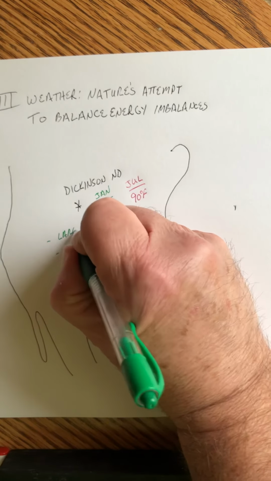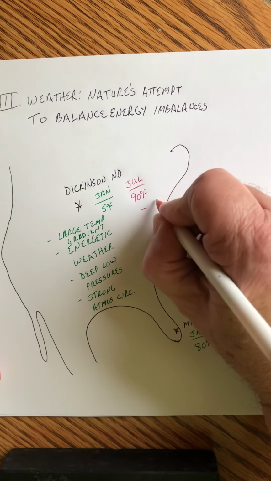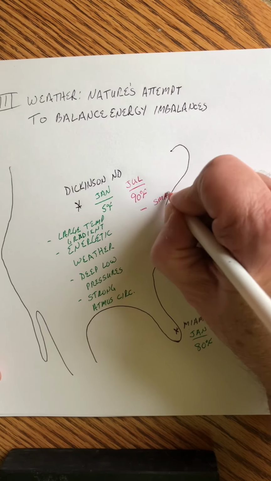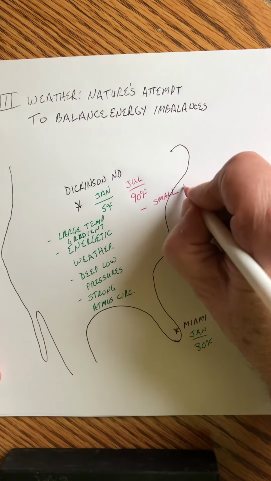All right, and then if we look at summer, let's get back to summer now, we're going to have pretty much just the opposite. We've got a small temperature gradient in the summertime between North and South, North Dakota and Florida.